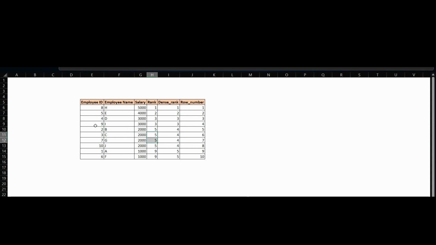Now 6, 7, and 8, these 3 ranks are skipped because the rank function skips the immediate next values in case your salaries or the value column is in a tied position, right? Or having the same value in a repeated manner. And that's what is happening here. So 6, 7, 8 ranks are skipped, and the immediate next value which is available, which is 9, is given to the next 2 employees who are receiving the next highest salary. Okay, I hope this is clear.